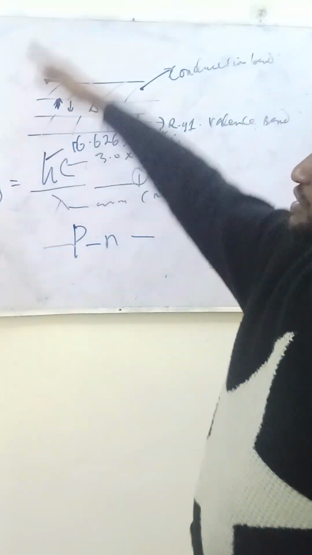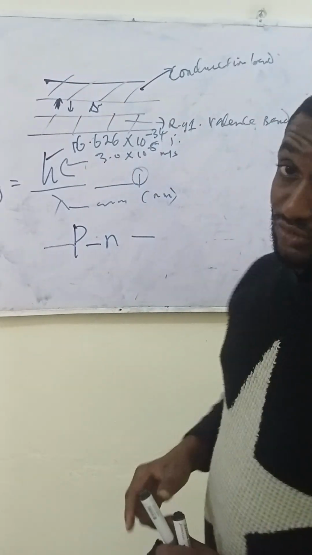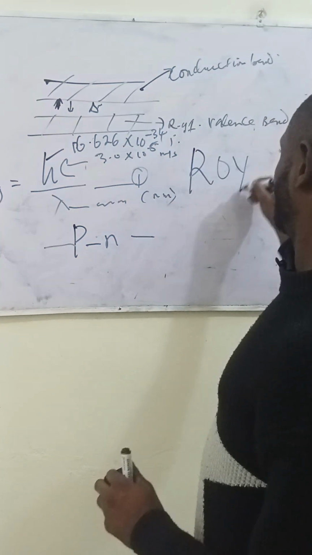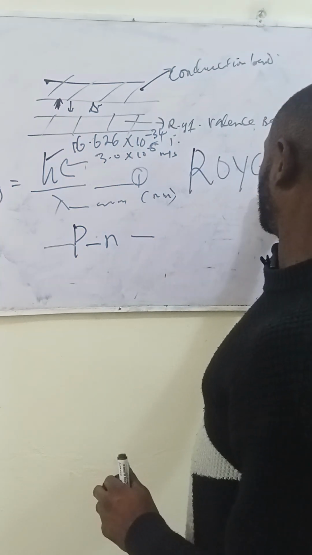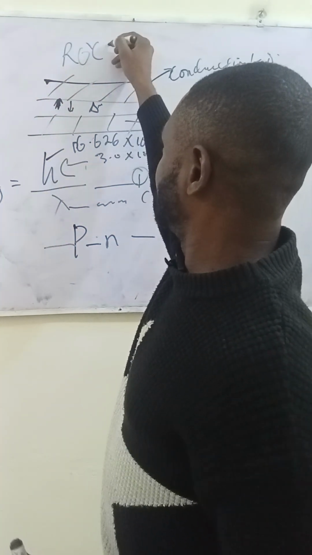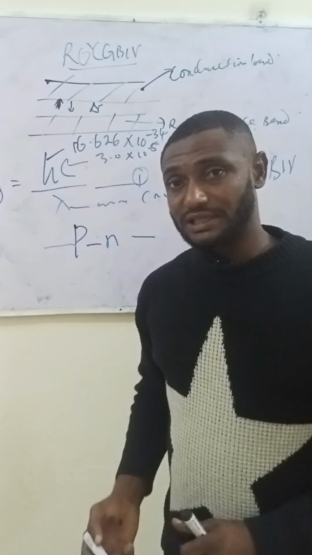So if the energy goes higher, there's a color spectrum that we are going to list for you. Let me write it properly here: the LEDs, representing the colors that are possible for these LEDs.